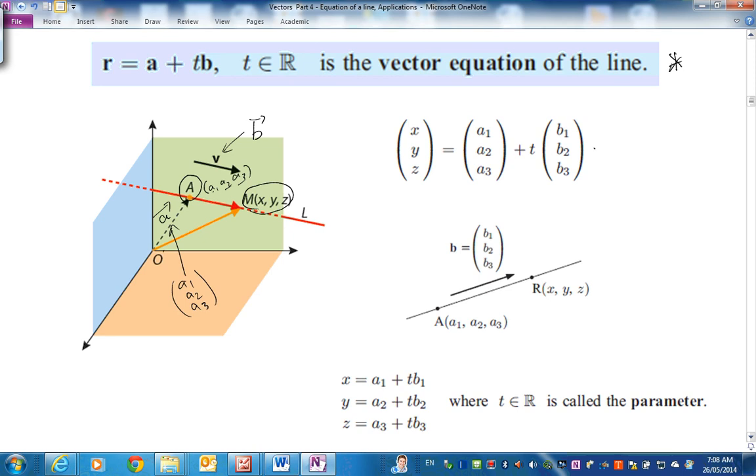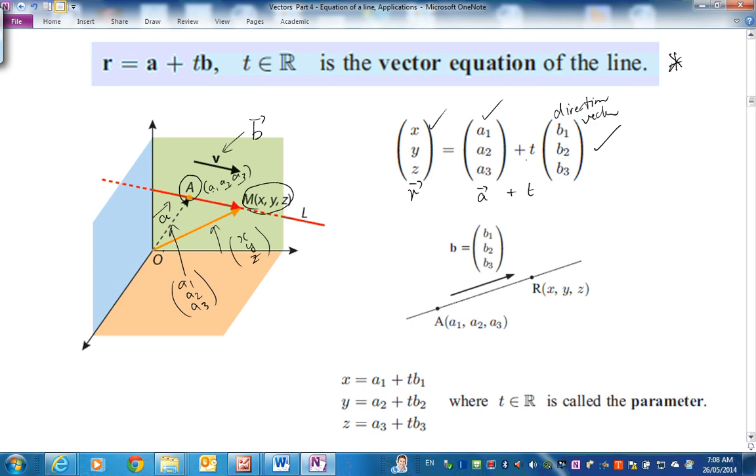Okay, so do you agree? To get out to point M, which would be from the origin, the position vector x, y, z, that would be the resultant vector of going out to a point on the line, plus T times, this is the direction of the line, the direction vector.